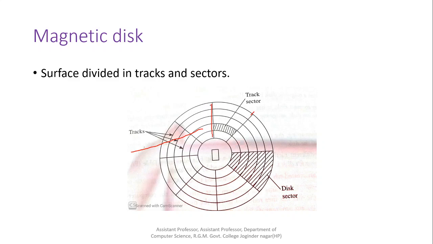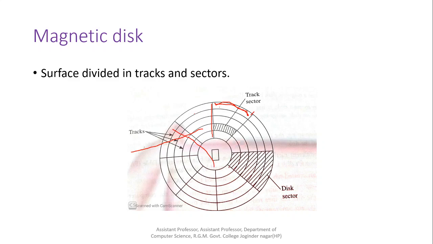The portion inside, which is divided further by a pie slice, is called a sector. So this one is the first sector, this one is second, third, and so on.